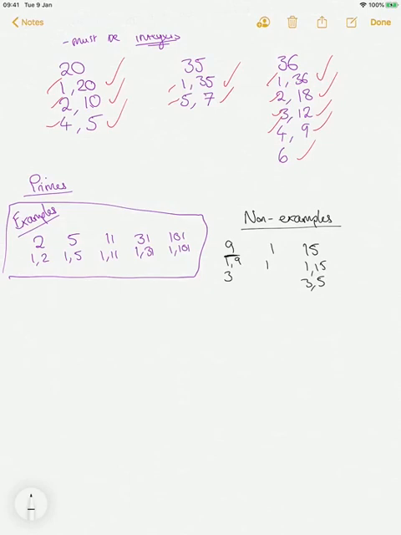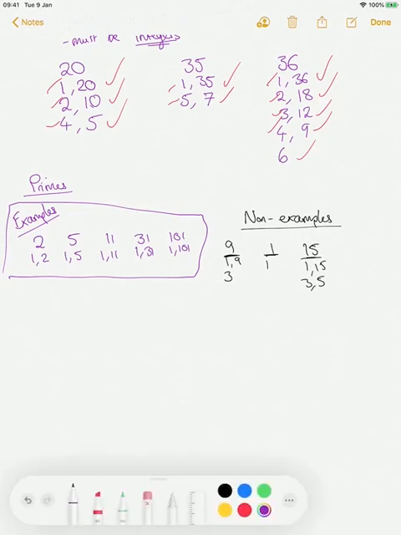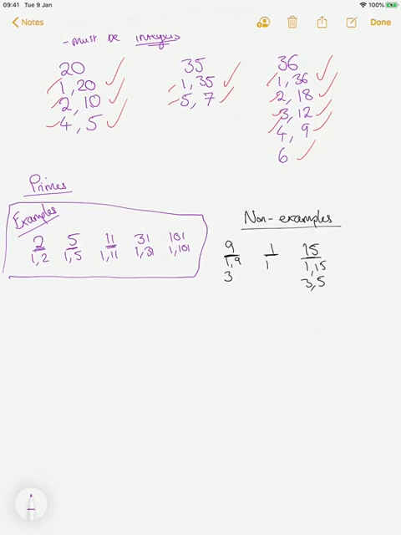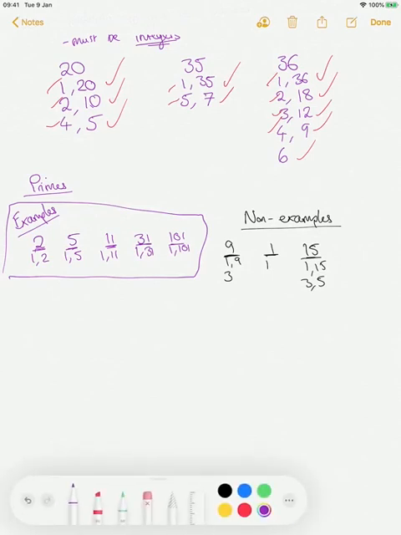The numbers I'm saying aren't prime are 9, 1 and 15. Some of the numbers that we're saying are prime are 2, 5, and the other ones that I've underlined there. So the ones in purple are prime. The ones in black are not prime. So see if you can come up with your own definition. And then I'll write my own down, so you might want to pause the video.